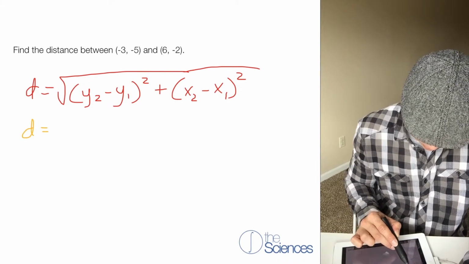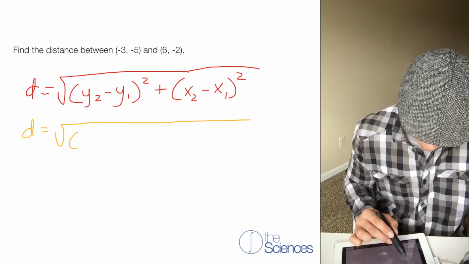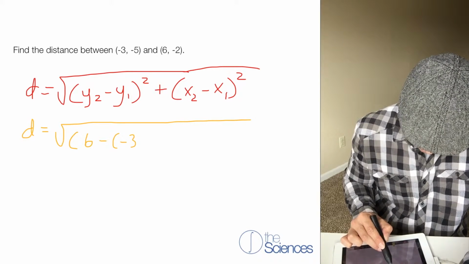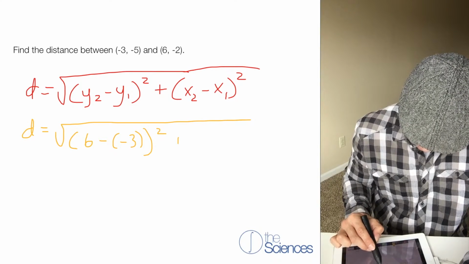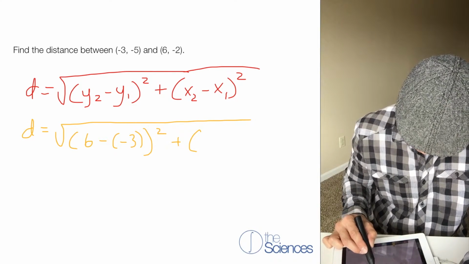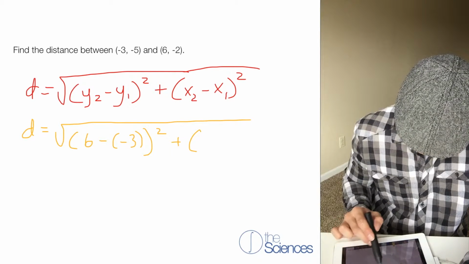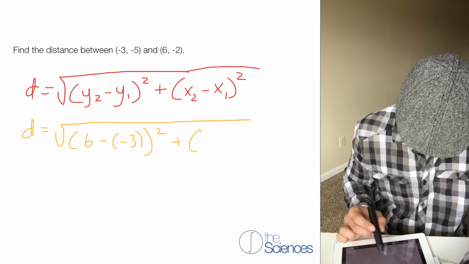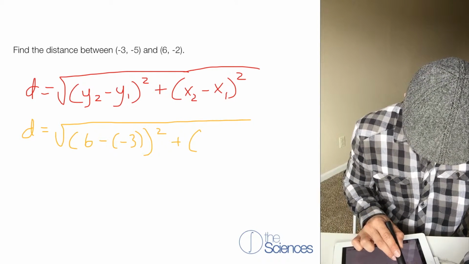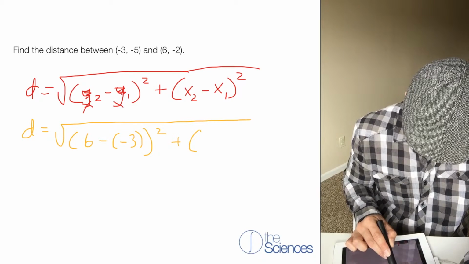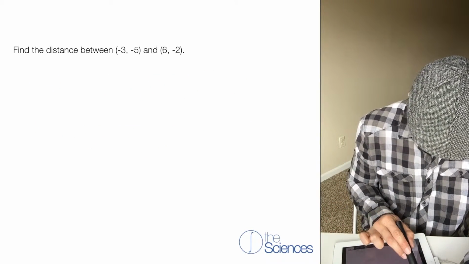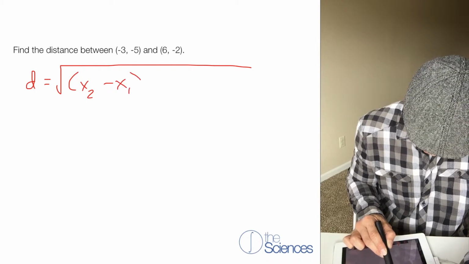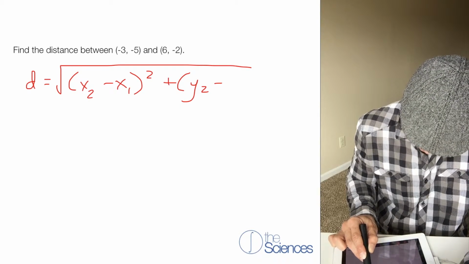So the distance formula is the square root of (x2 minus x1) squared plus (y2 minus y1) squared.